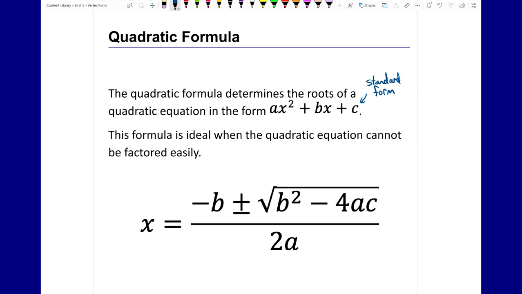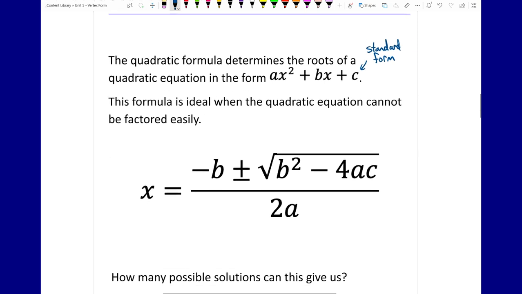If we can't factor a quadratic equation in standard form to find our roots, we can use the quadratic formula. Even if it can be factored, you can still use this formula.